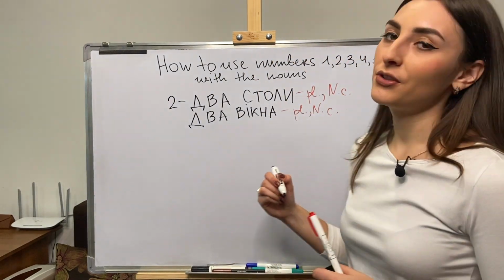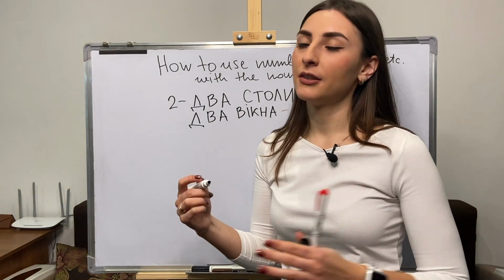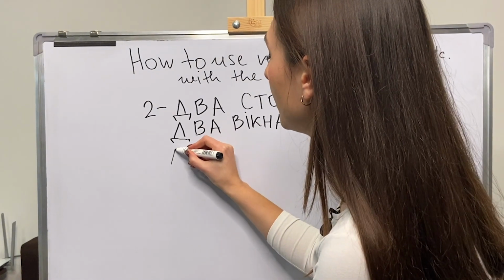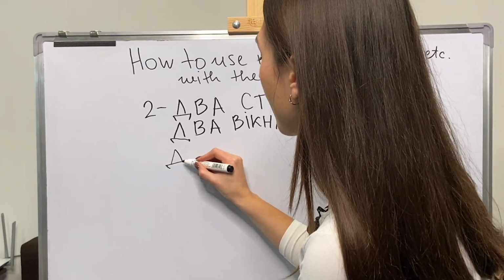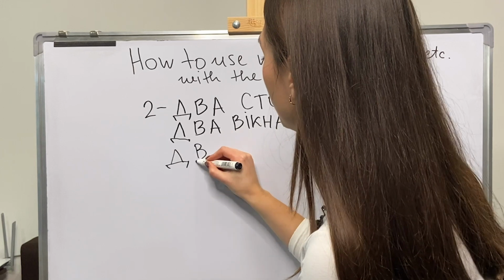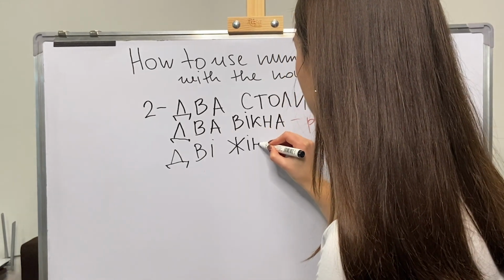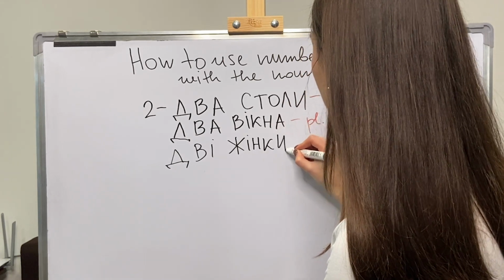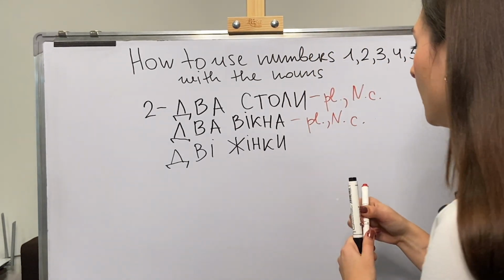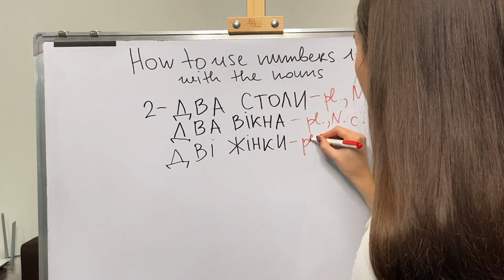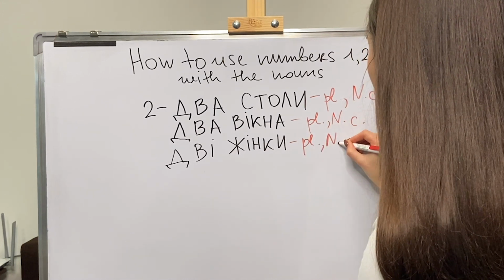If you want to say 2 women, you say дві жінки. Дві жінки. Again, it's plural nominative case.